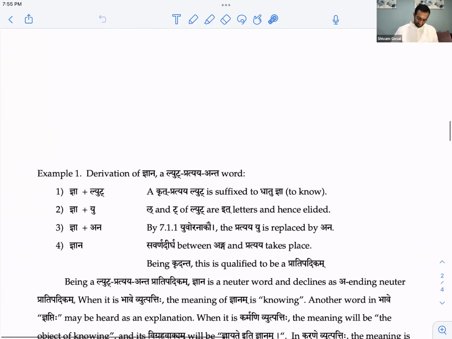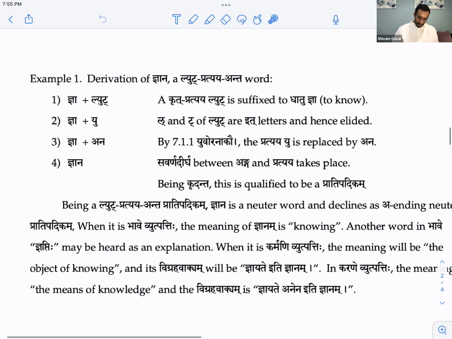So right here, we're going to see an example of jnana. Jna, the dhatu, what does jna mean? To know. Now, I'm not saying jnana as the object of knowledge. I'm not saying the knower. I'm not saying that by which something is known. I just want the meaning of the verb, the dhatu itself, bhave.